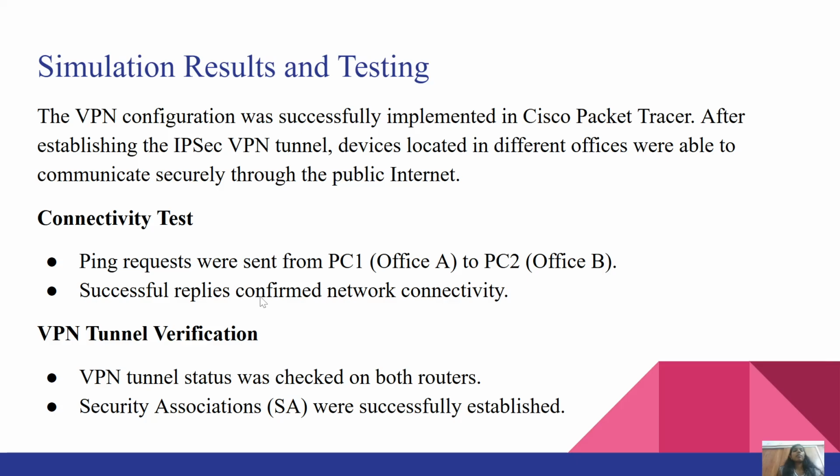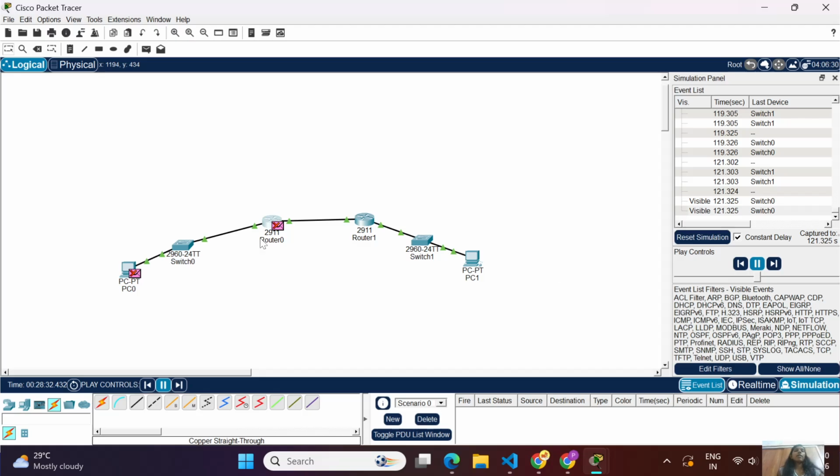Successful replies confirmed network connectivity. VPN tunnel verification: VPN tunnel status was checked on both routers. VPN associations were successfully established. This is the pictorial representation of this simulation, which we will look at last.